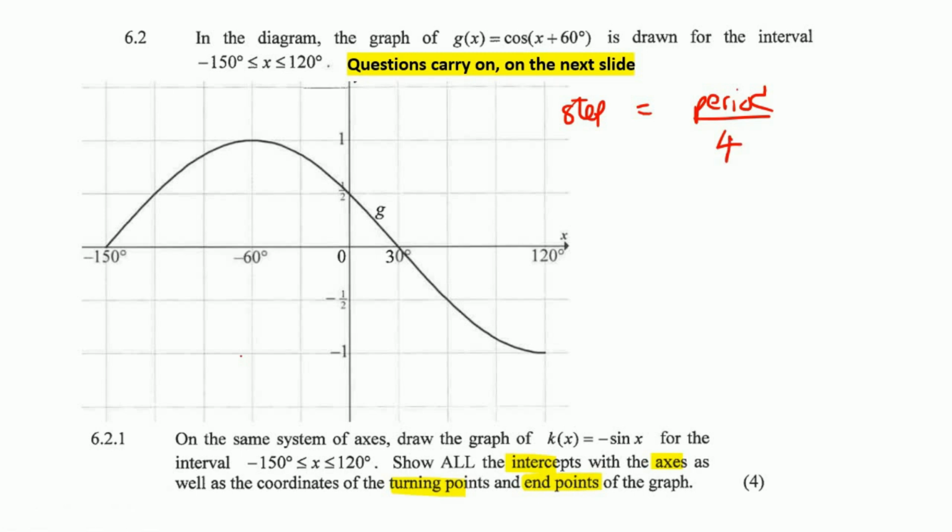Now, this is a normal sin graph, right? Obviously, it's been flipped upside down, but it's a normal sin graph. So a normal sin graph, where there's no random weird numbers there or anything like that, has a period of 360, right? So if you divide that by 4, you get 90. So we are just going to use a basic standard step of 90 for this graph.